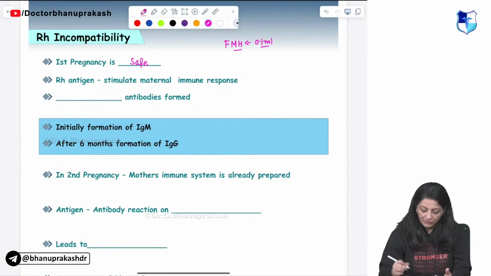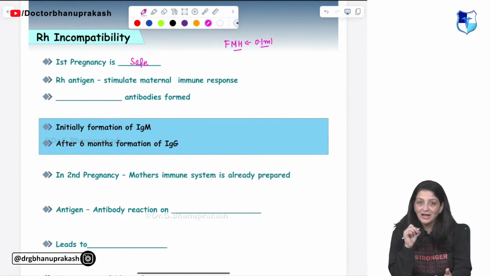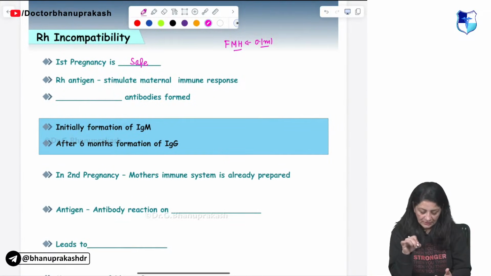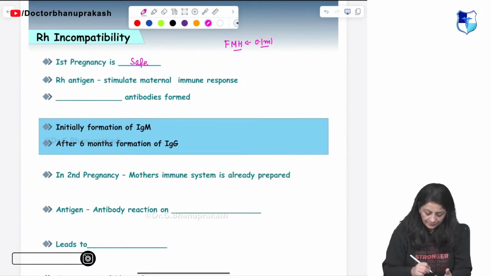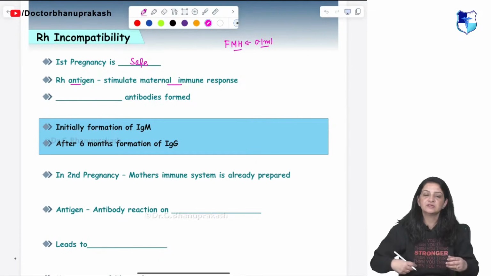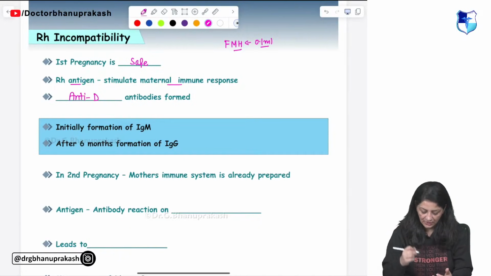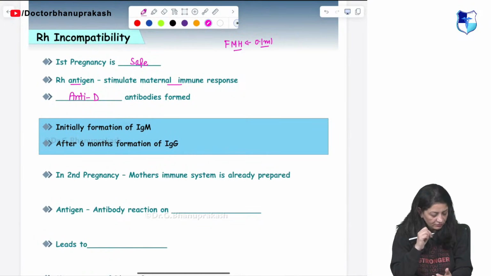After feto-maternal hemorrhage, if the fetal Rh positive blood goes into the maternal circulation, the Rh antigen will stimulate the maternal immune system. Then anti-D antibodies will form, anti-D against that Rh antigen.